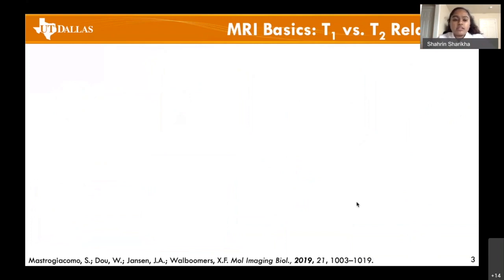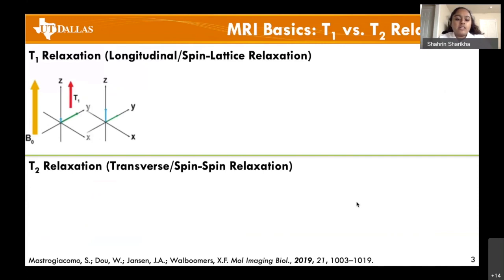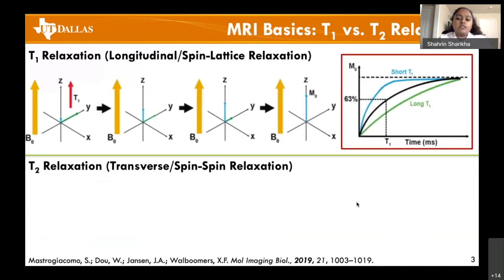And when this happens, two independent but simultaneous processes occur. And so they are the T1 relaxation and T2 relaxation. And there are other phrases for them as well, as you can see. And so with T1 relaxation, essentially it's the time that it takes for that net magnetization that's on the XY plane to return to about 63% of its original position.